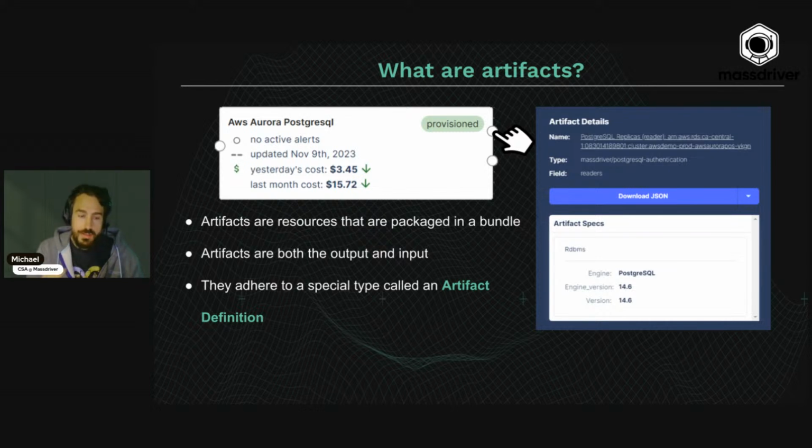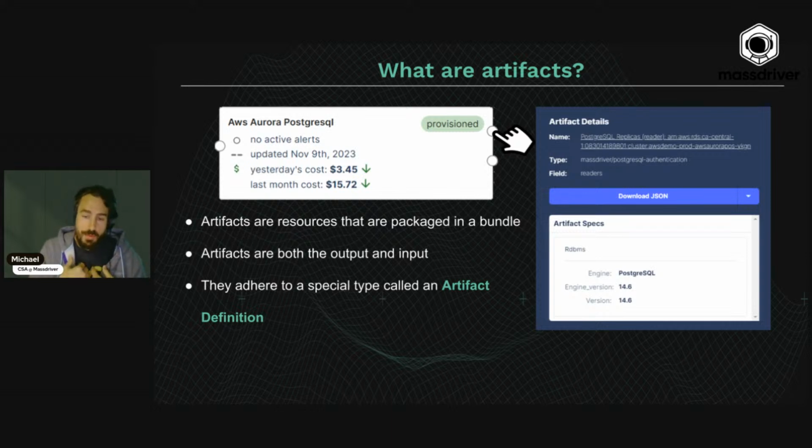So artifacts serve as the output of provisioning and the input of downstream bundles. What's unique about artifacts is that they are typed. Okay, so our artifacts adhere to a specific type called an artifact definition.